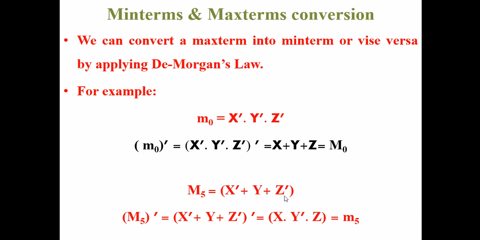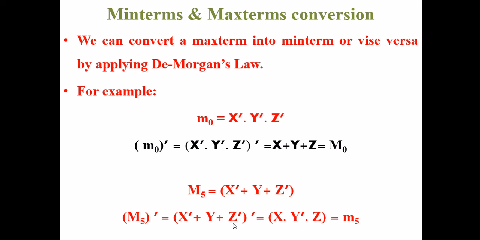Now if we have max term m5, x complement plus y plus z complement, and we apply De Morgan's law here, then we place complement outside. So x complement plus y plus z complement, whole complement, is equal to, if we apply complement inside, x complement replaced with x and plus replaced with multiplication operator. y will be replaced with y complement, and again plus is replaced with multiplication operator.